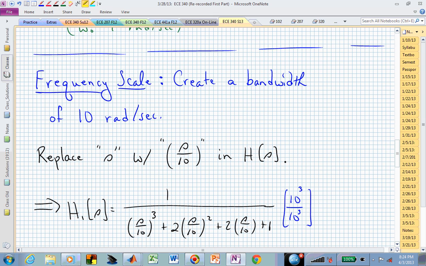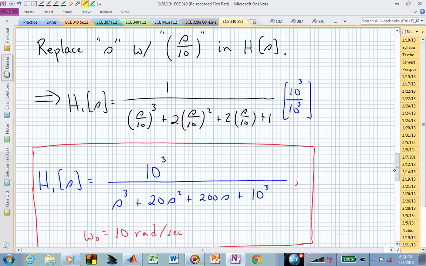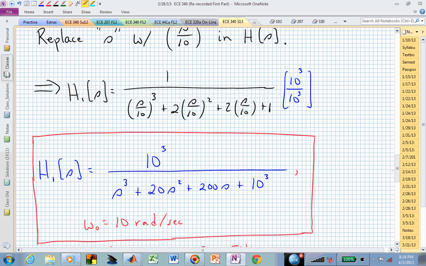That now eliminates or gets rid of that 1,000 in the leading coefficient of this low-pass third-order filter, and we now are left with, in terms of a transfer function, capital H sub 1 of s is now 1,000. That's coming from the 10 cubed upstairs, and we now have the 1,000 scaling all of the terms in the denominator.